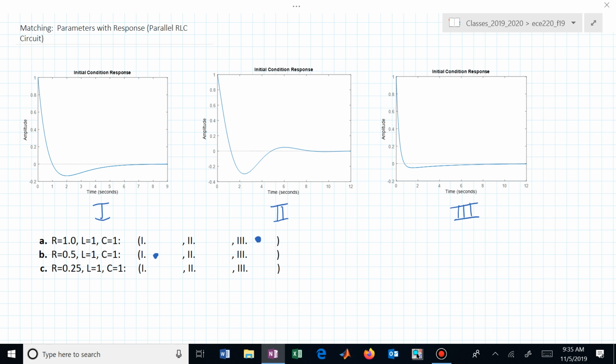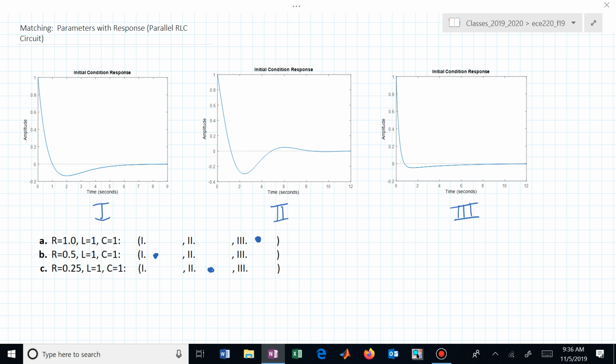Now I guess by process of elimination, the majority are, but maybe you've changed your mind. 1, 2, 3. All right.